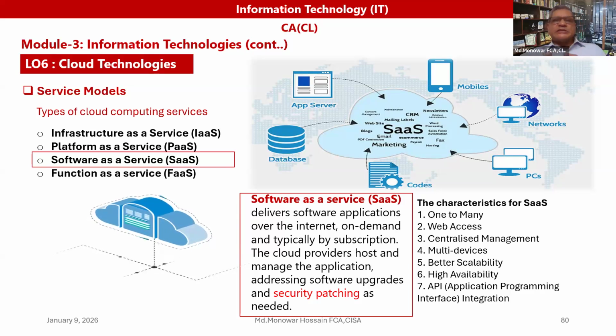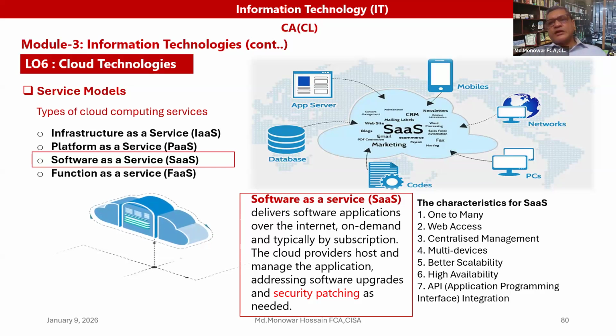So all activity is done by the cloud service provider. The organization can use the software by paying the subscription on a yearly, monthly, or yearly maintenance basis. So with software as a service, the application comes through the internet on demand, and the organization can use it by paying the subscription.